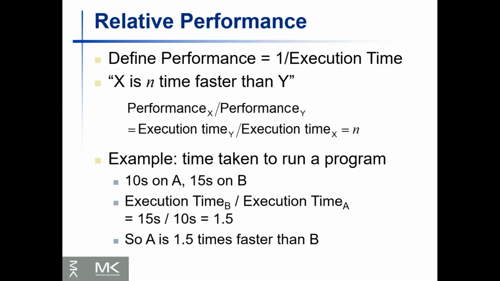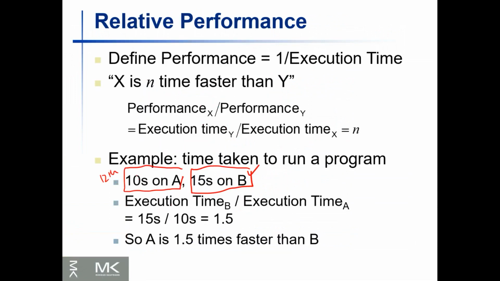So this is just a quick example of relative performance. Imagine I have a program, some Photoshop, and I'm running it on my 8th generation Intel CPU, and it takes 15 seconds to run. Today, someone tells me, hey, why don't you buy a new laptop with the 12th generation Intel Core i5 chip?